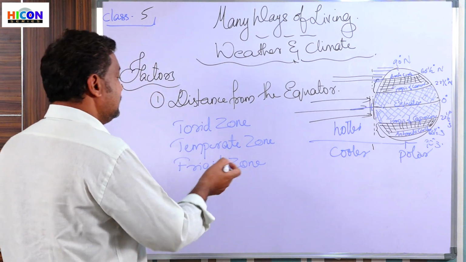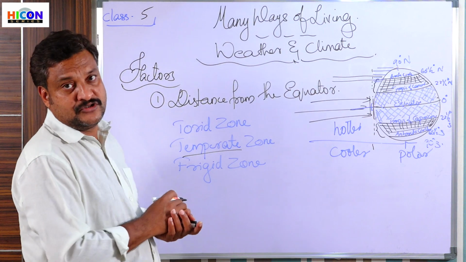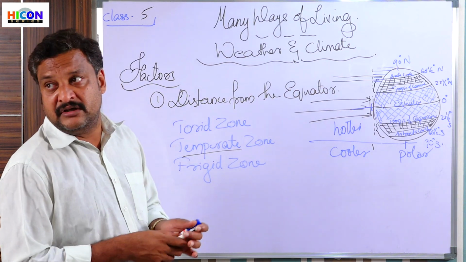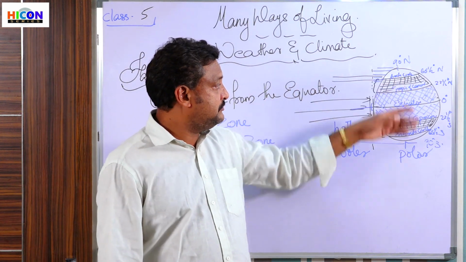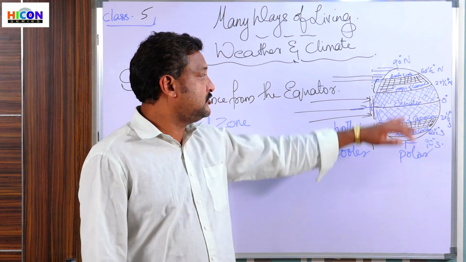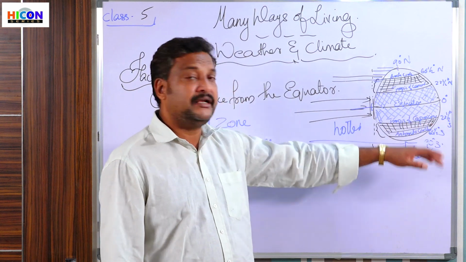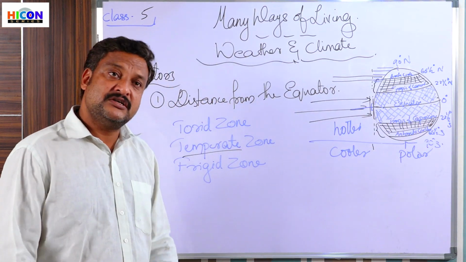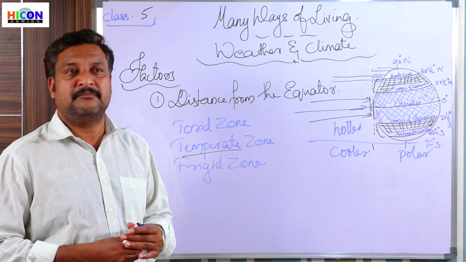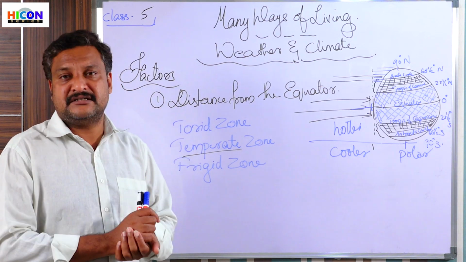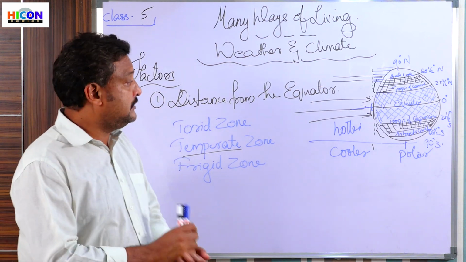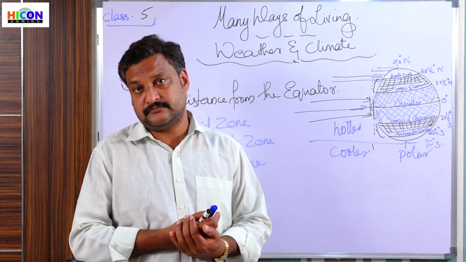In the northern hemisphere, we have temperate zones between the Arctic Circle and the Tropic of Cancer, and in the southern hemisphere, between the Tropic of Capricorn and the Antarctic Circle, because these regions receive comparatively less sun rays than the torrid zone.